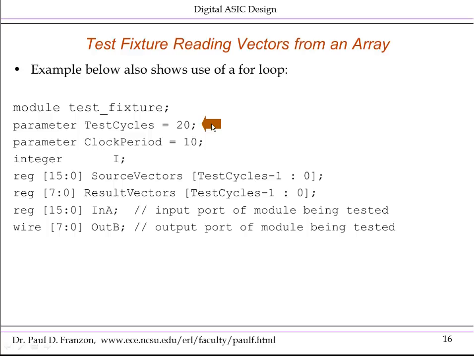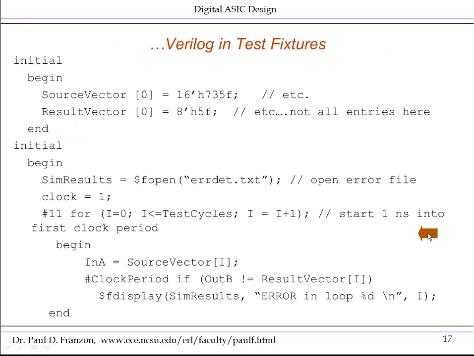The parameter test cycles is set up at the top here. We have the expected result vectors, 8 bits wide, and again we have test cycles of them. The idea is that over time we apply the source vectors to input in A and look at out B to see if we're getting the right result.